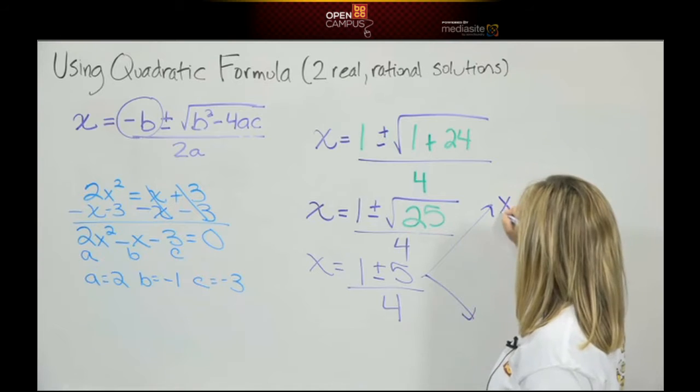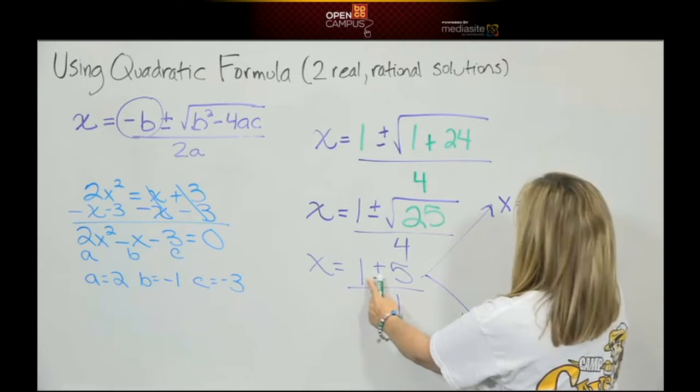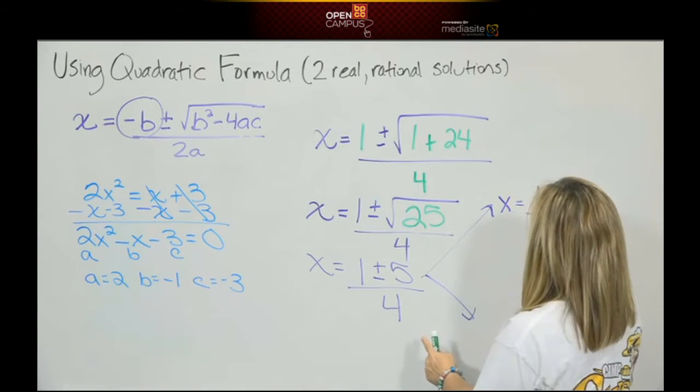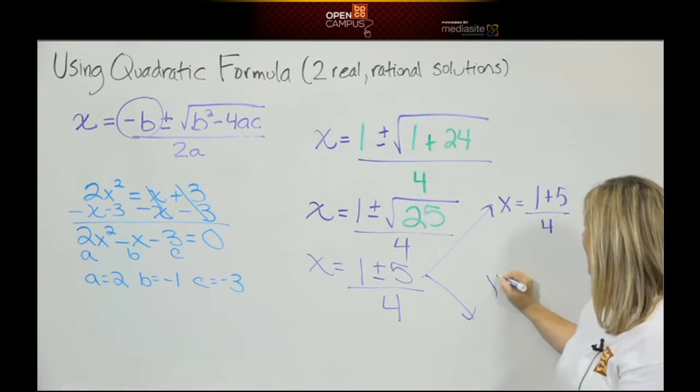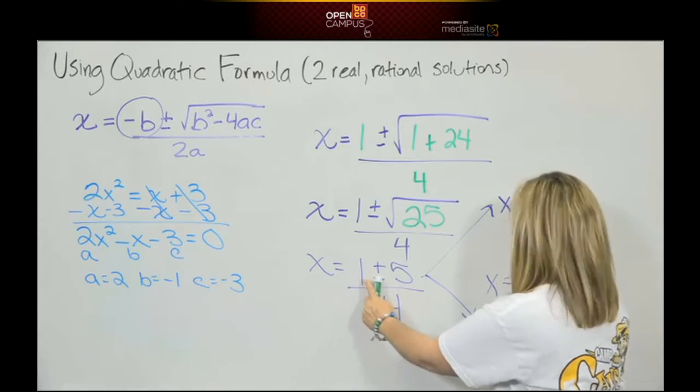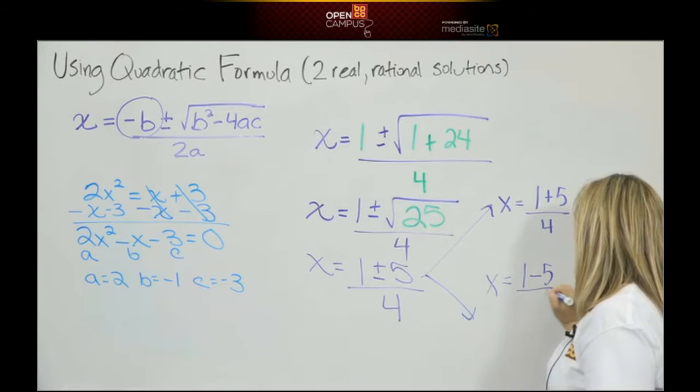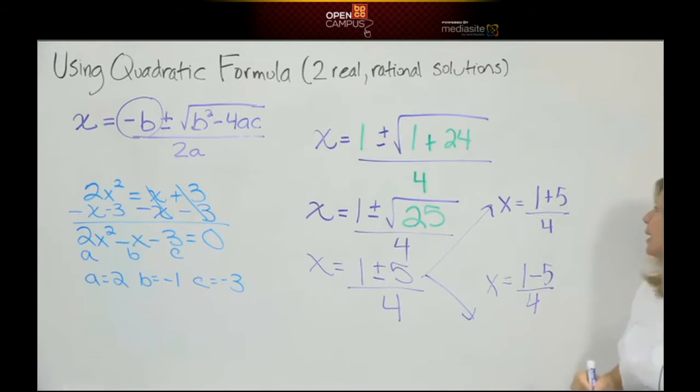So we'll write x equals 1 plus 5 over 4, and x equals 1 minus 5 over 4. Now, we can't divide yet until we have one number in the numerator. 1 plus 5 is 6 over 4. 1 minus 5 is negative 4 over 4.